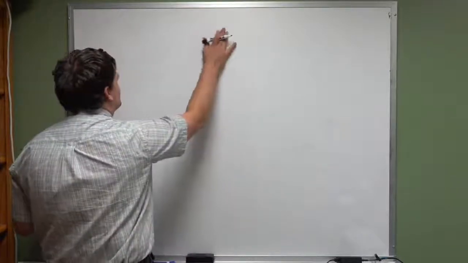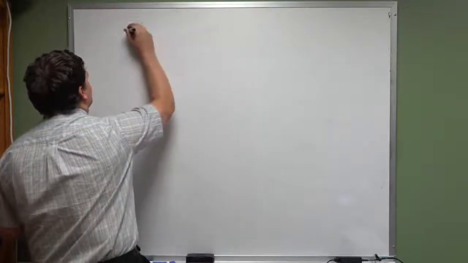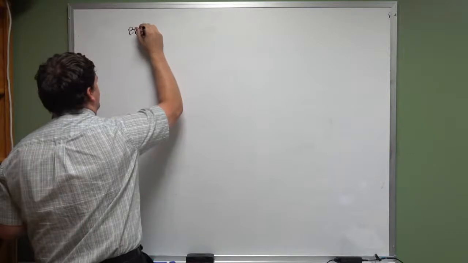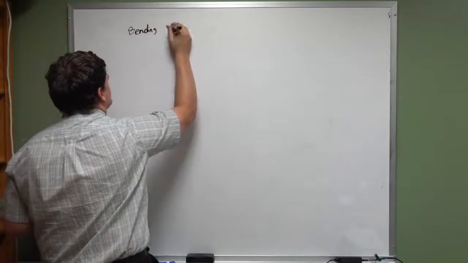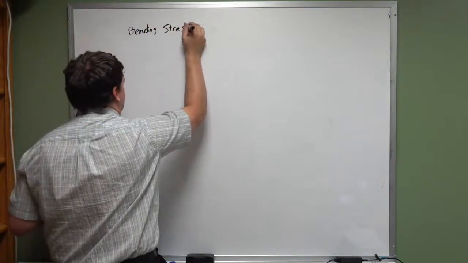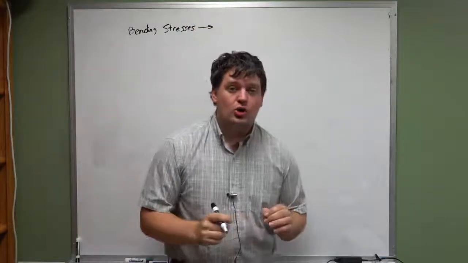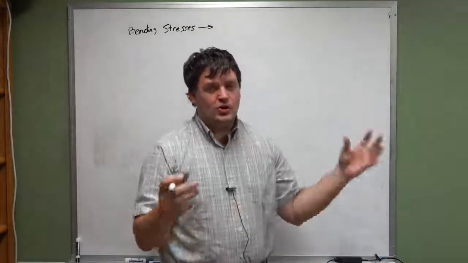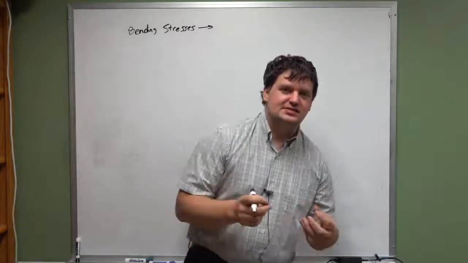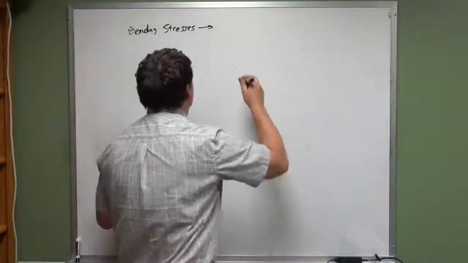Alright, so let's talk about bending moment stresses. Or we'll just call them bending stresses. Bending stresses occur when you have moments that are off axis acting on a system.